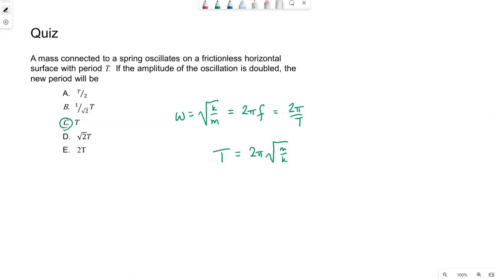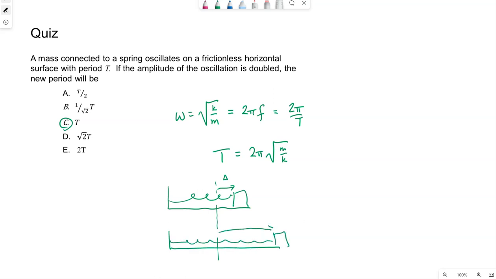Now, amplitude, if we think about an equilibrium, a mass pulled to A versus a mass pulled to 2A, this one has more energy, which means as it moves and passes through equilibrium here, this mass would travel a lot faster than this one.